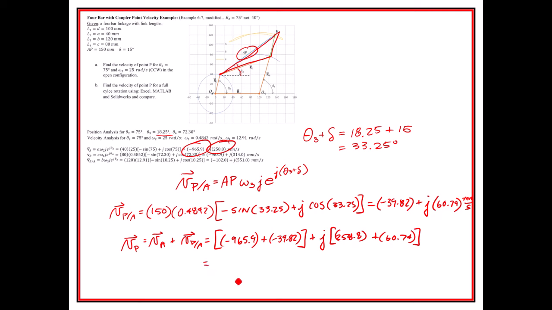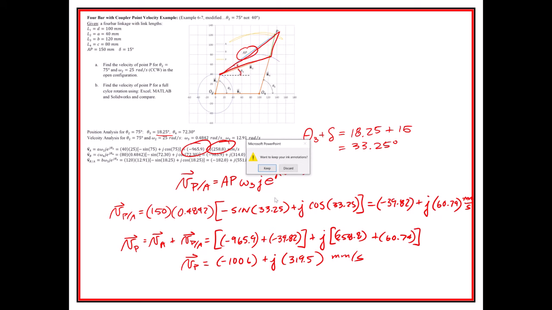But we're just doing this as a means of comparison. And I get a negative 1006 plus j of 319.5 millimeters per second. So that's the thing by hand that I want to compare in my other methods.